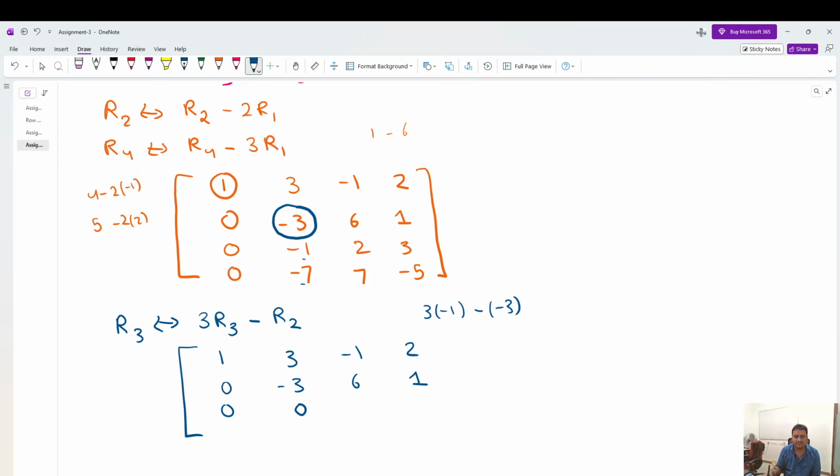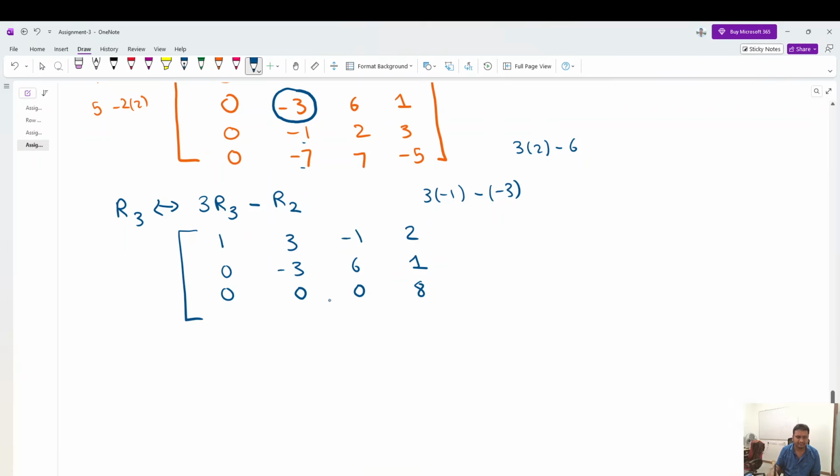Now similarly this: 3 into 2 minus row 2, that is 6. This is 0. And then this element, this is 3 into 3, which is 9. 9 minus 1 is what? 8. Okay. So this is your pivotal element. This is your another pivotal element. Now what you have? 0, minus 7, 7, minus 5.